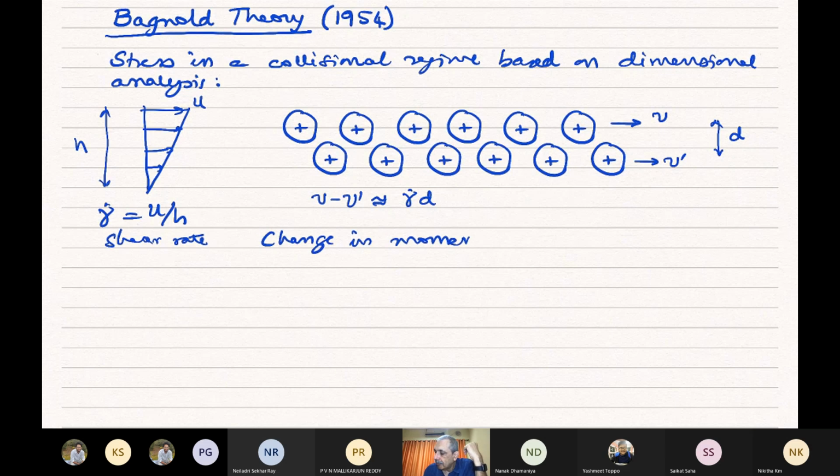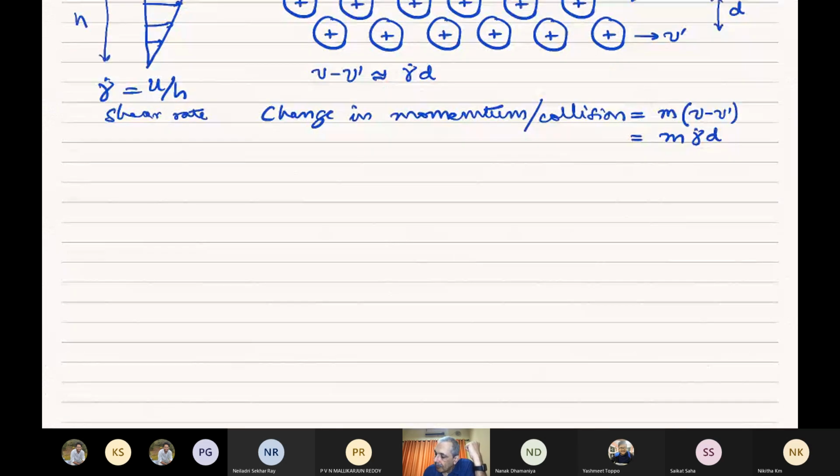Then he said this is just equal to the mass of the particle times the velocity difference, which is equal to m into gamma dot d. So this is the change in the momentum per collision.